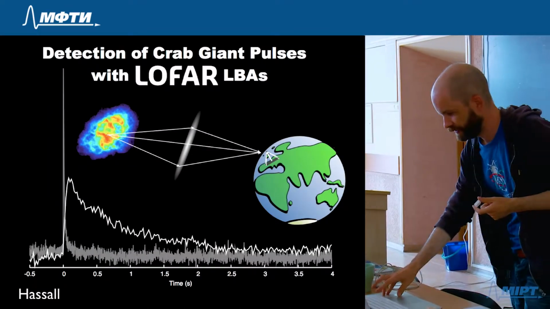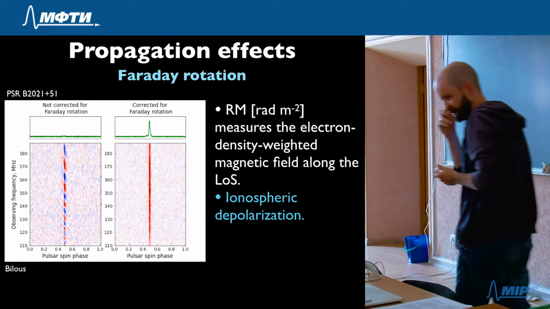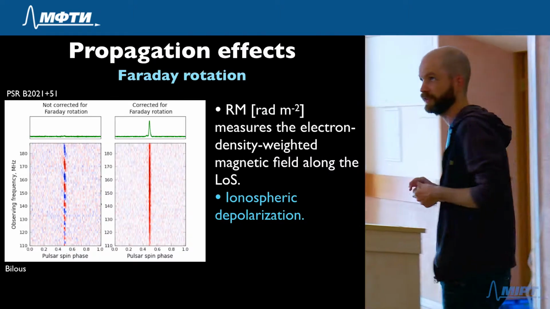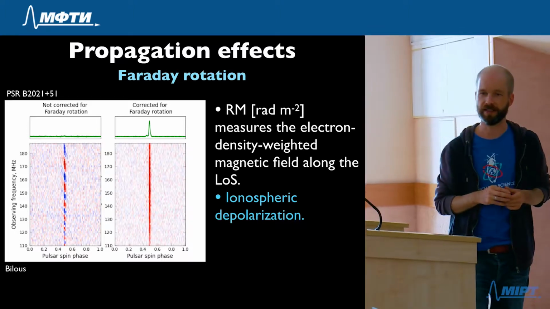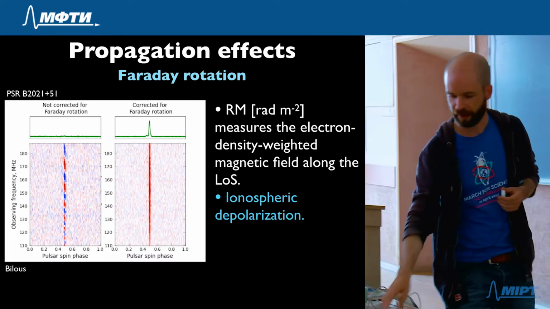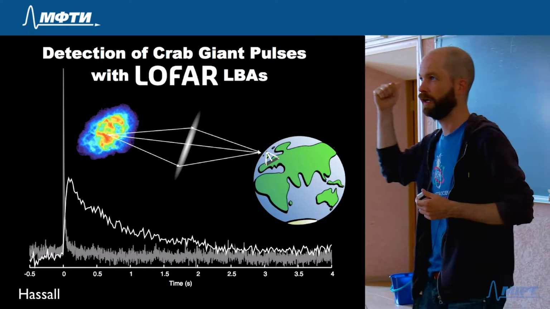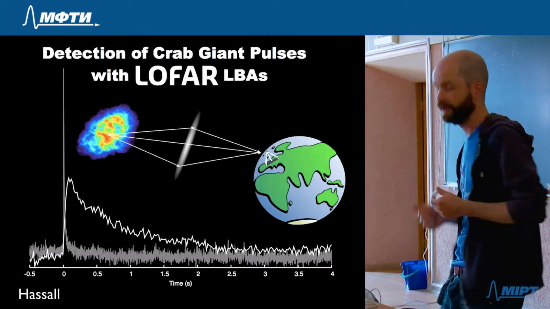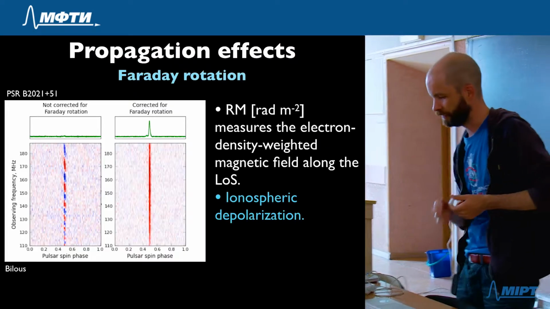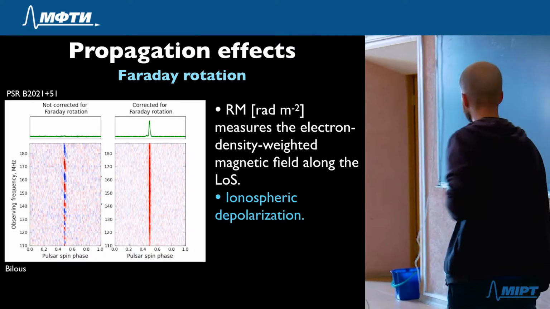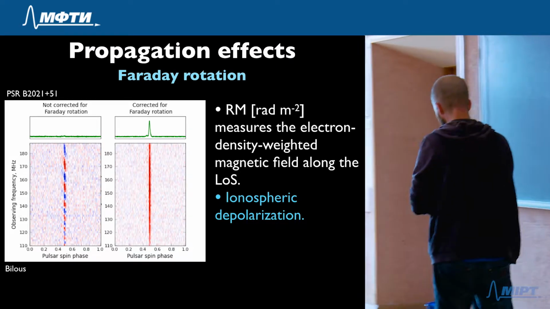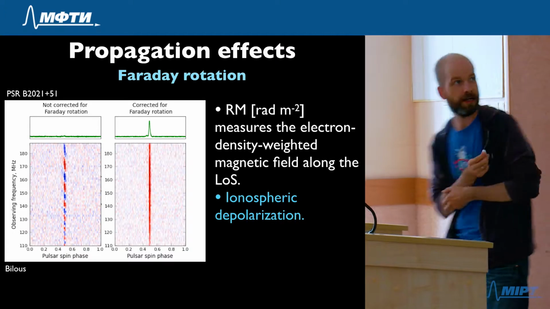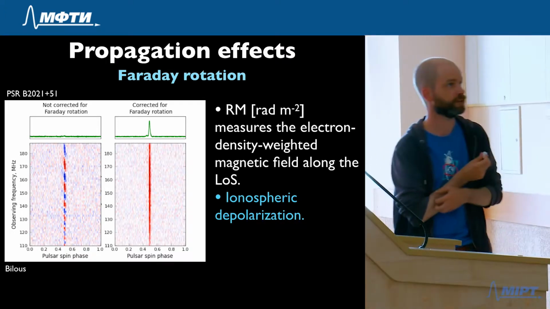Okay, so the next propagation effect that I want to mention is Faraday rotation, and this is also something that you're going to find in the data. I should say the data that I'm giving has basically zero problems due to scattering. You won't see any scattering effects in the data, but you will see Faraday rotation. And Faraday rotation is again due to plasma along the line of sight.